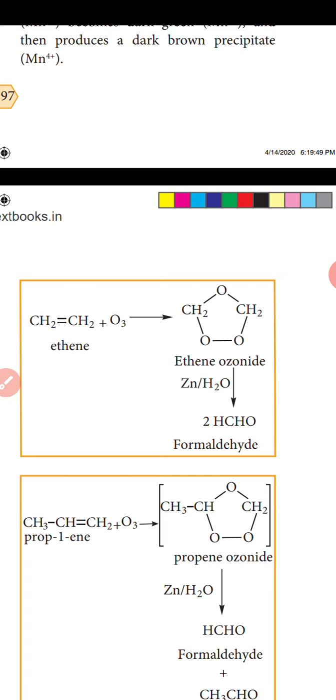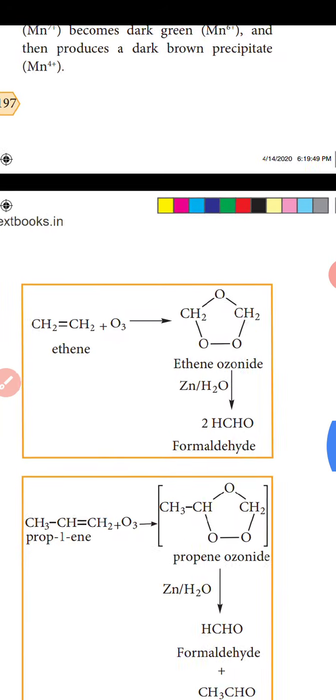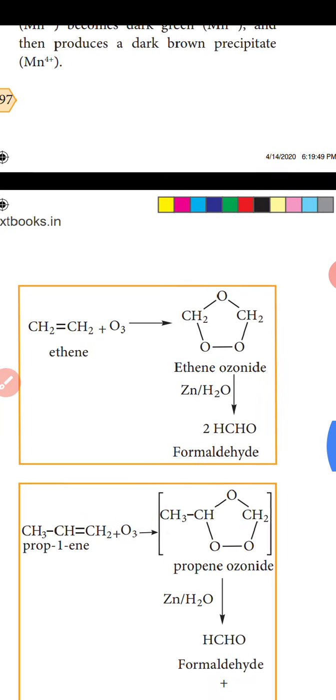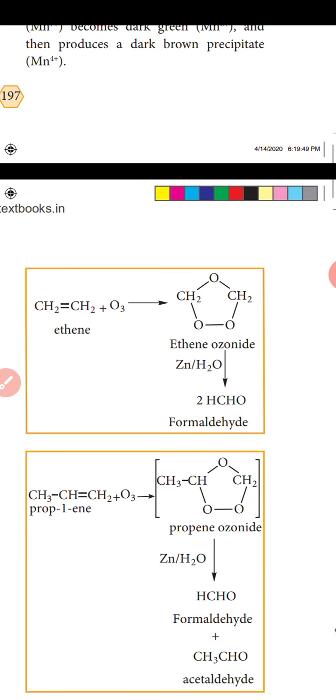Alkenes react with ozone to form ozonides, which are cleaved by zinc and water to form smaller molecules. This reaction is often used to identify the structure of an unknown alkene or alkyne by detecting the position of the double or triple bond.